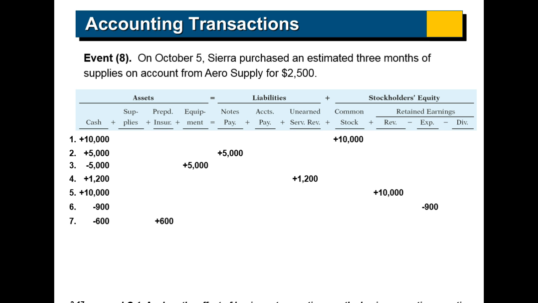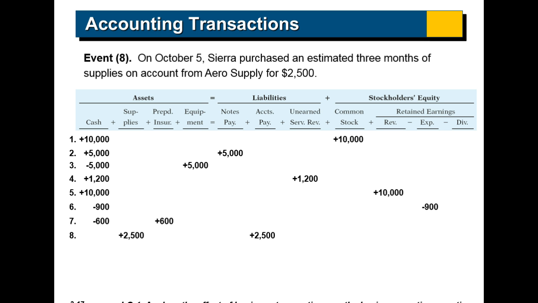Oh, sorry, I'm wrong. Prepaid insurance, we're reducing cash, but we're increasing prepaid insurance. We're treating it as an asset till we use it up, okay? So assets went down and assets went up, didn't it? But did it change the equation? Assets equal liabilities plus owner's equity.